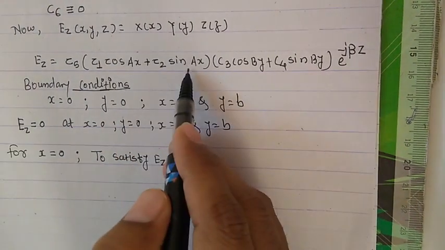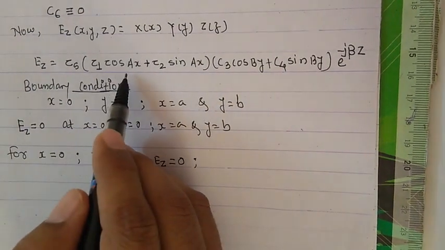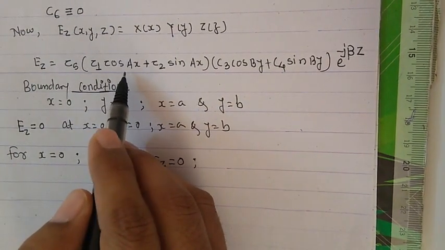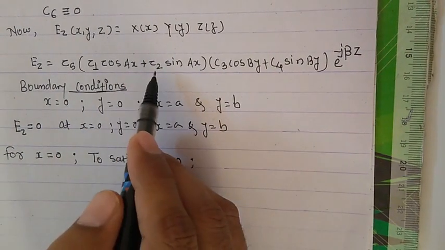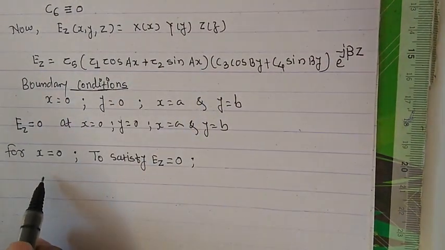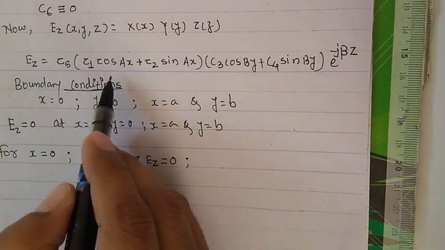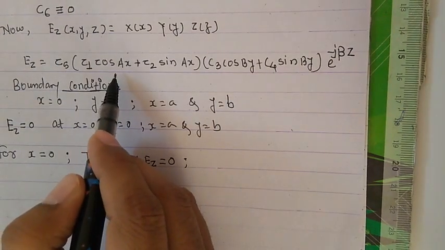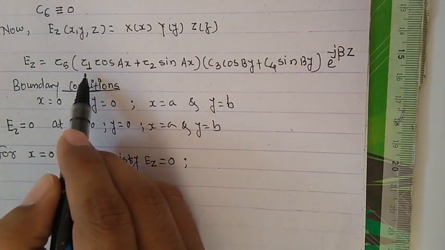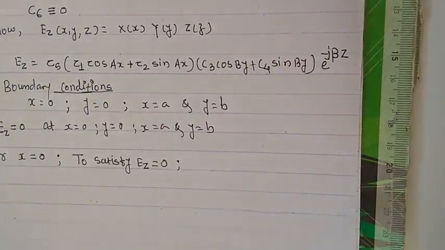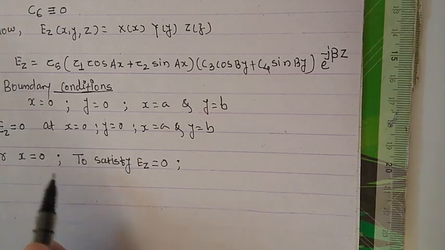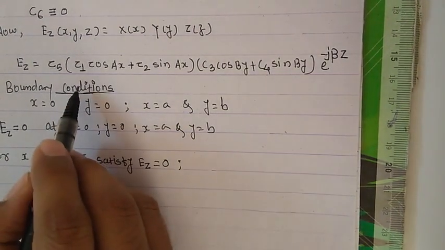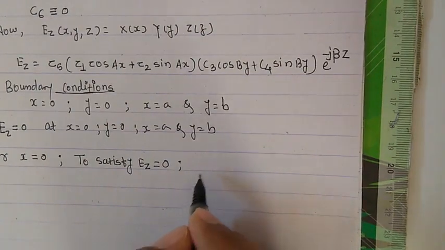So sine 0 will be 0, and in this case cos 0 will be 1, so this will become non-zero. So at x equal to 0, to satisfy Ez equal to 0, the constant C1 must be 0. Then this equation will become 0.